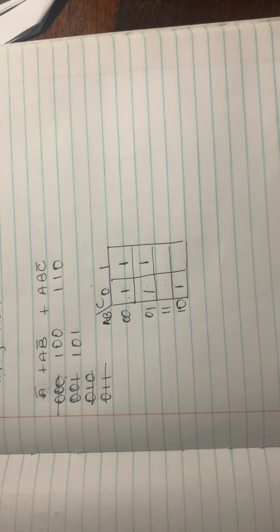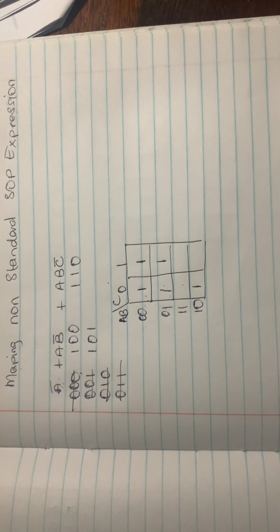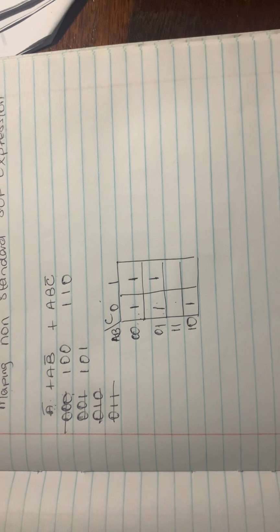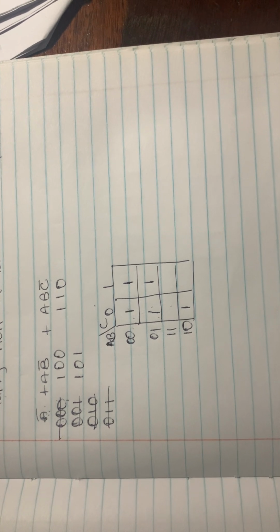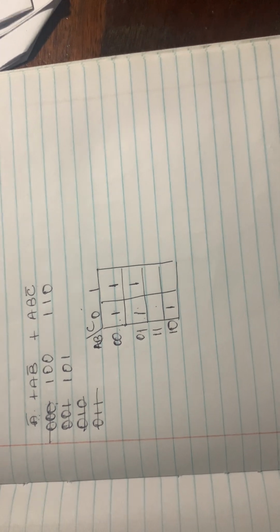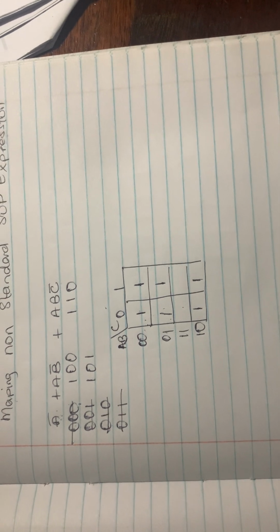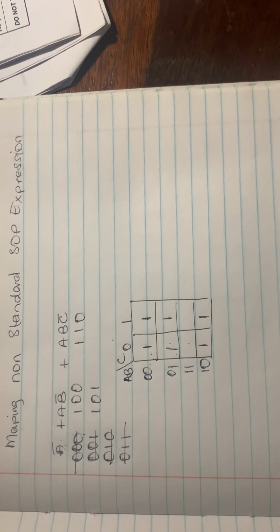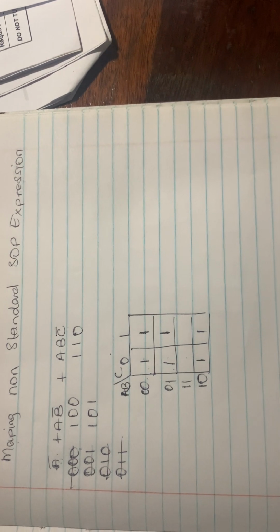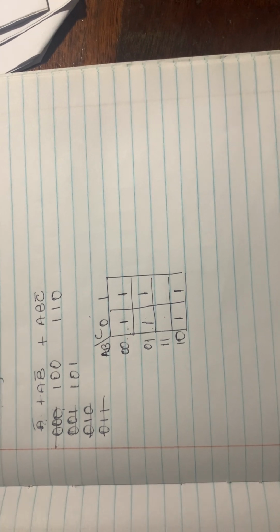Now we're also looking at AB is 1, 0, but now C is 1, so it is the other space here. Okay, so now we are looking at the space where AB is 1, 1. So it is the above space, which is this one. AB is 1, 1, but now C is 0, so it will be this space.